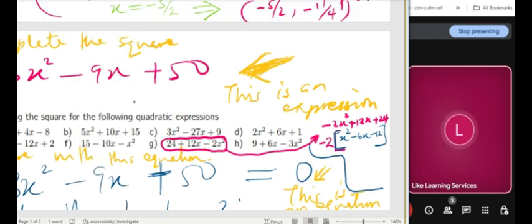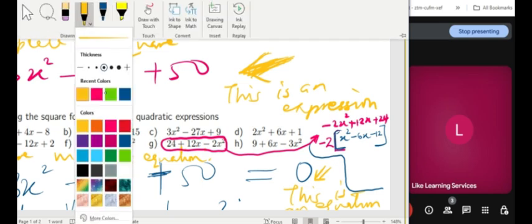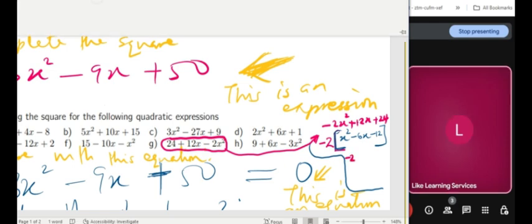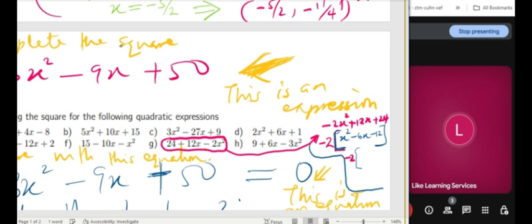First of all, let's get it to a point together. Minus 2, big bracket and small bracket, x squared minus 6x minus 12.